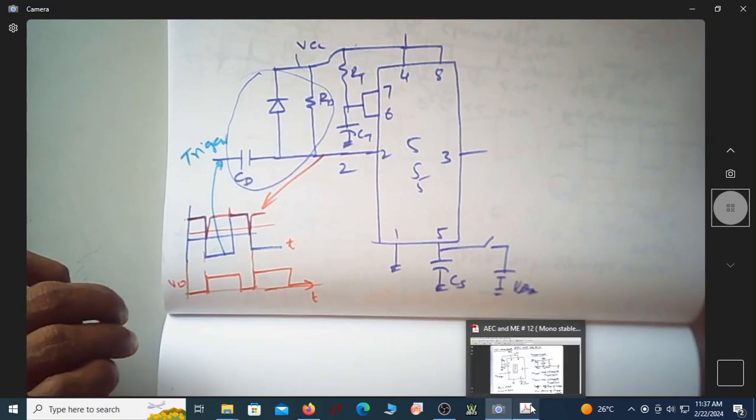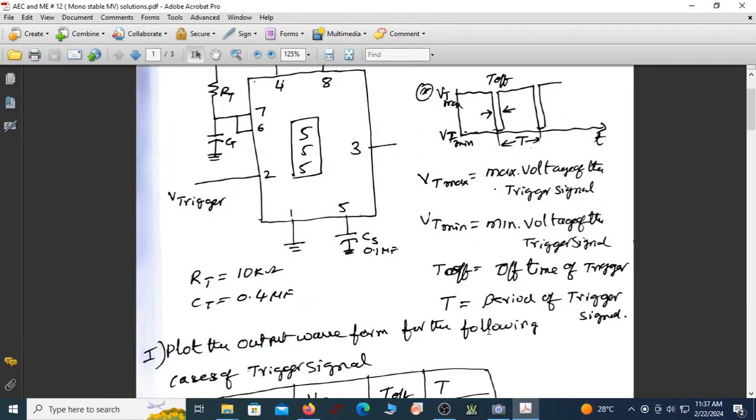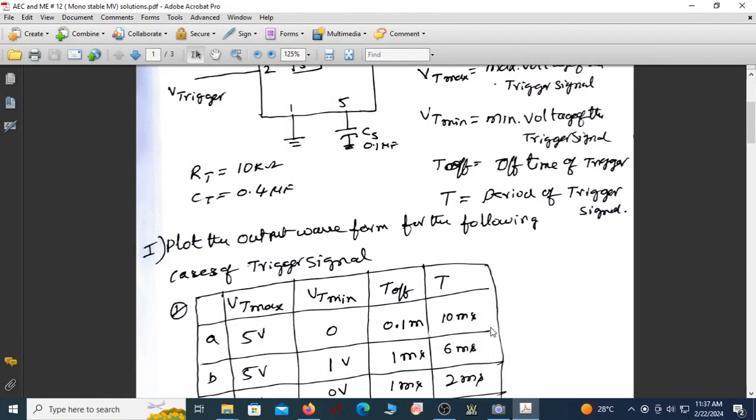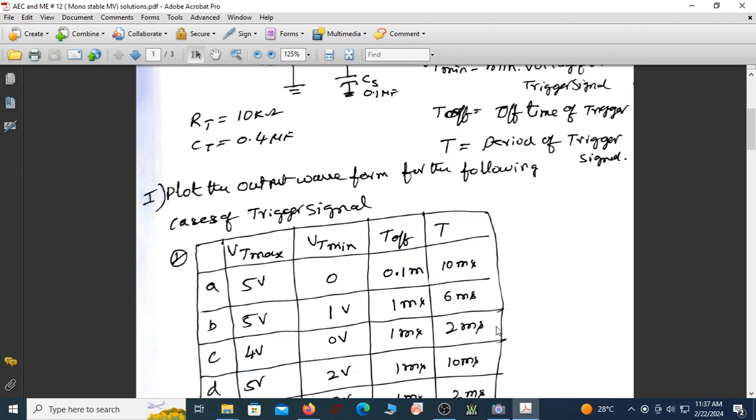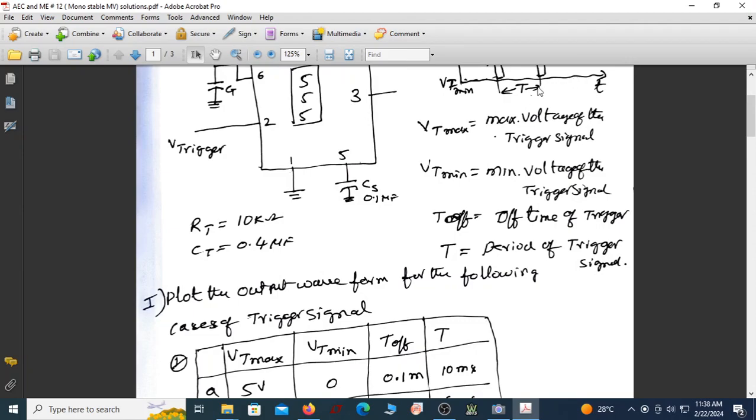Okay, let us go back to this. You can see here it is given VT max and VT min. This is the maximum voltage. What does VT min stand for? It is the threshold voltage minimum.